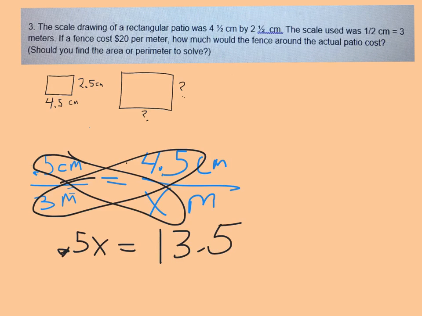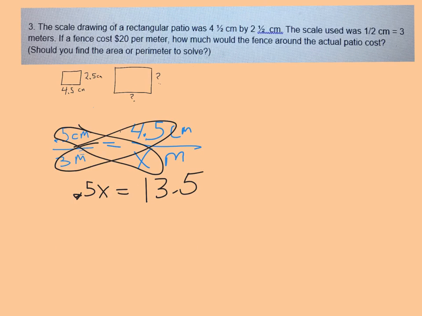So now I'm going to solve for x. To solve for x, we want to get x all alone. So we want to turn 0.5 into 1. So I'm going to divide by 0.5 on this side and divide by 5/10 or 0.5 on this side.